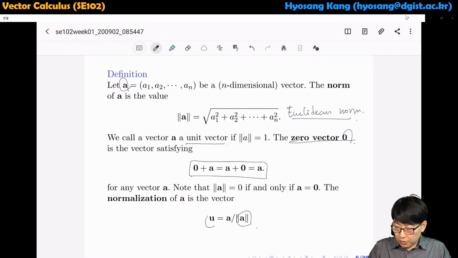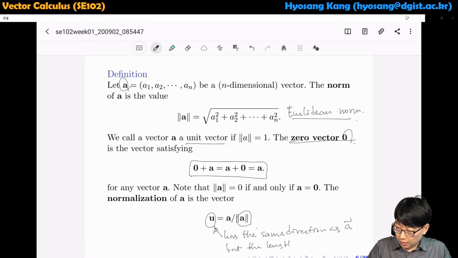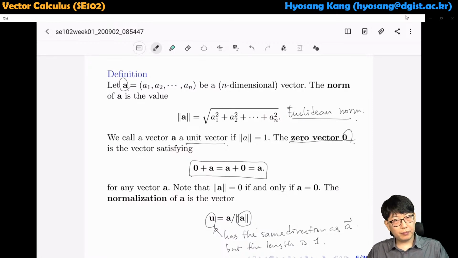So u has the same direction as vector a, but the length is 1. A unit vector is useful when you want to take only the direction of a vector but not care about its size.